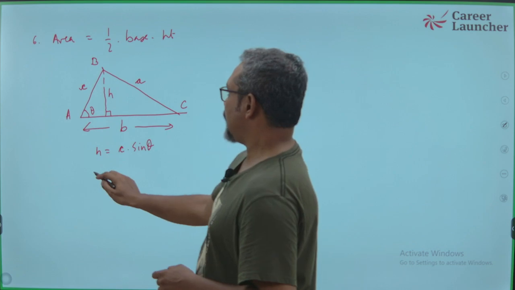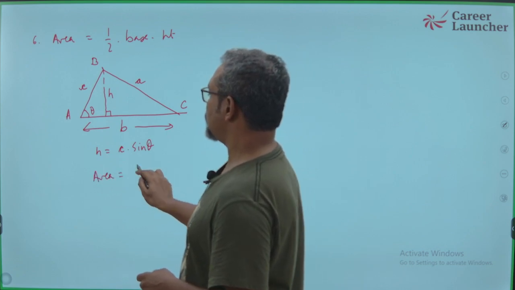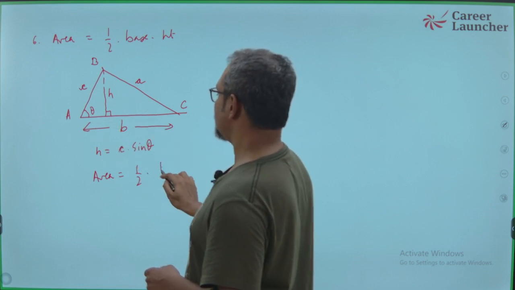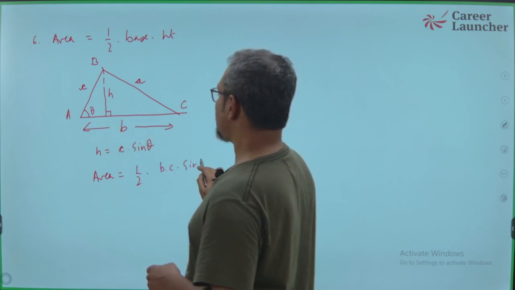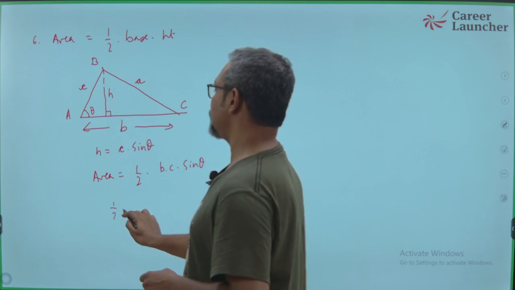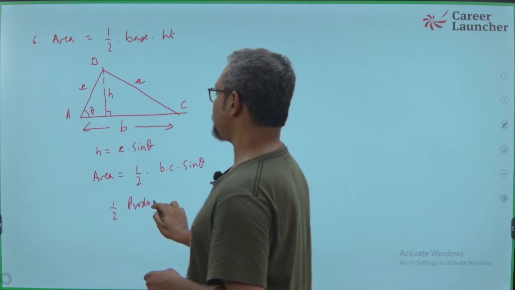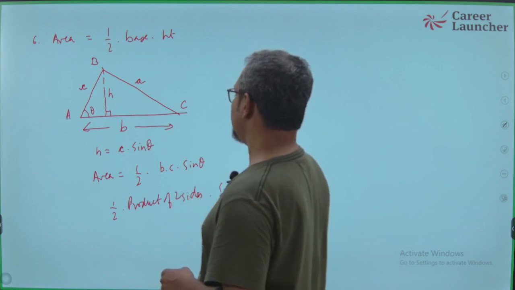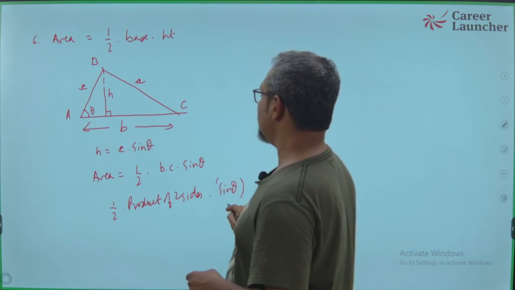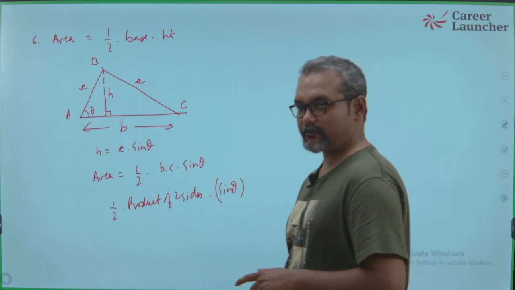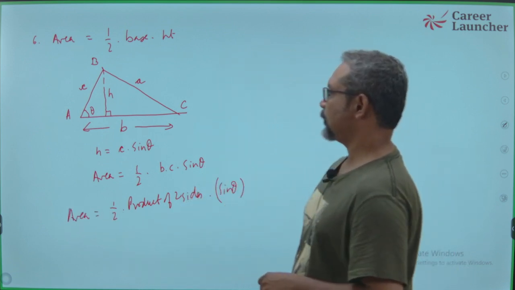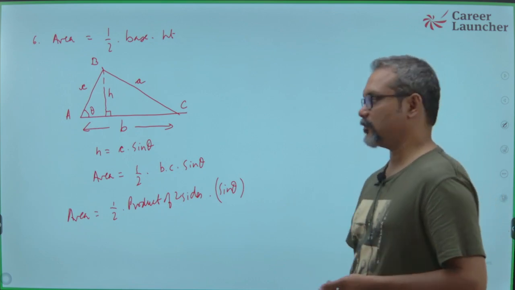So the area is half B times C times sine of theta, multiplied with the sine of the angle between them. That's another way to find it, if you know the angle and you know the sine of that angle.